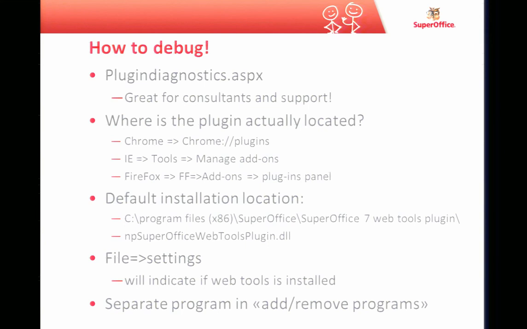Now, from the file settings menu in SuperOffice, it will tell you if everything has been installed or not. It can do this because it has this plugin, which communicates directly with all the local services. And it is also easy to remove and reinstall. You have it in add/remove programs.